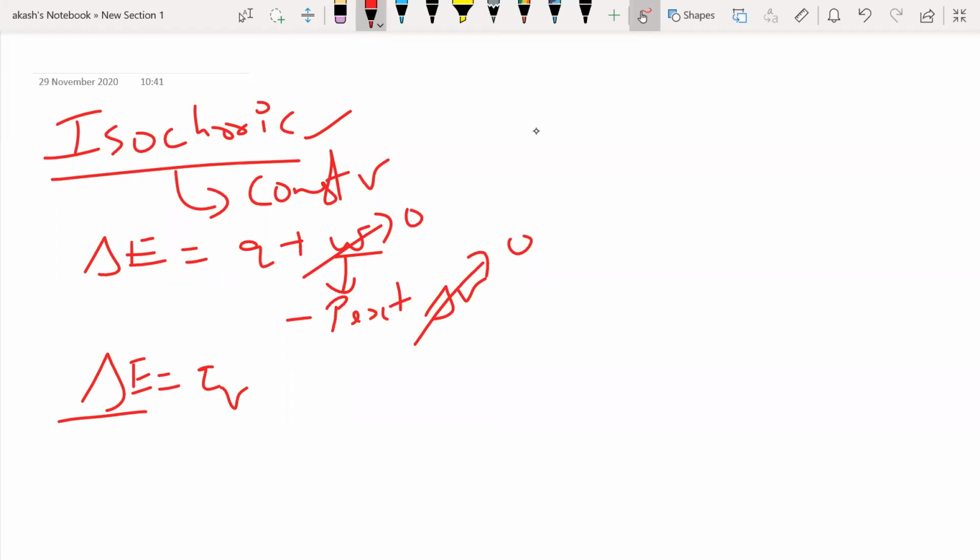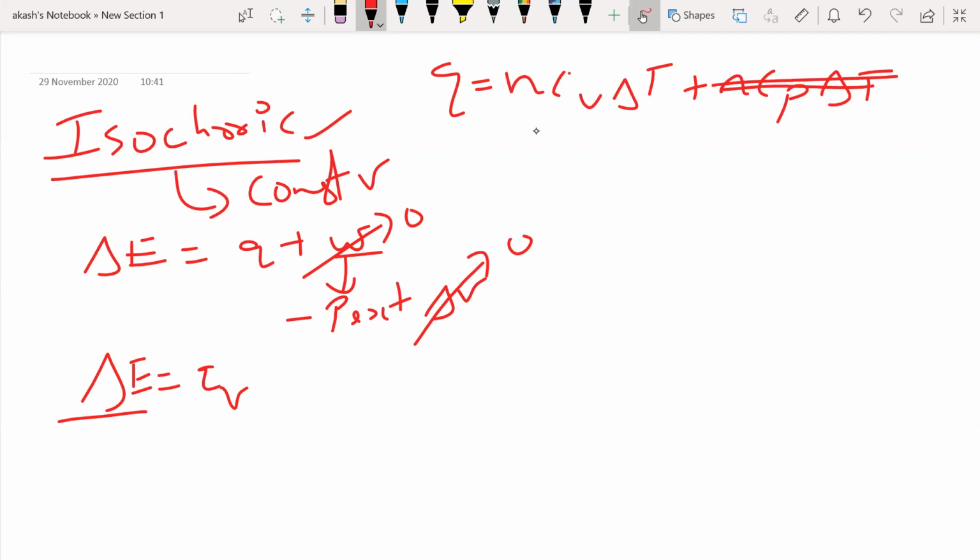Right. Now let me go back to the equation which I derived for Q in terms of CV and CP. So Q will be nCV delta T plus nCP delta T. Now we are doing the process under constant volume conditions, so this term has no role to play because that is at constant pressure.